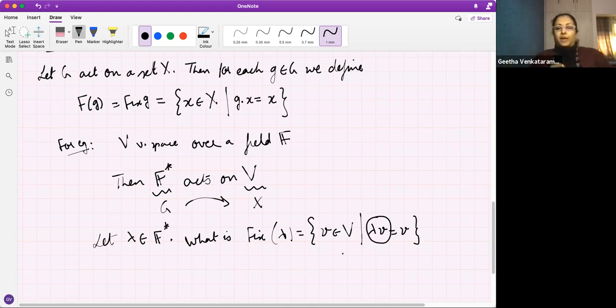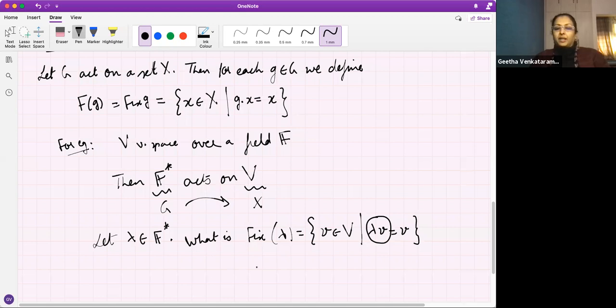If you think of your vector in R square and you're multiplying it by a real number, the magnitude of the vector is changing. When can the magnitude stay the same? If lambda is not 1, then lambda V is V only if V is 0.